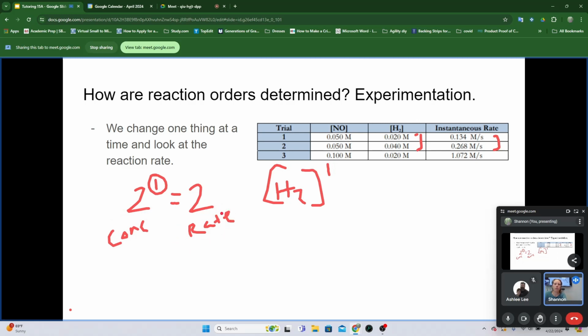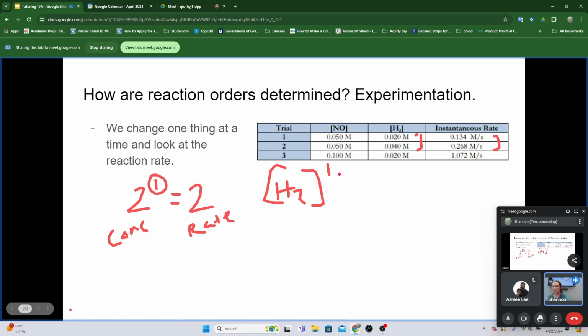And so what I'm figuring out is what exponent goes here, which is what the order is. It's the same exponent that will go here. So 2 to the what power equals 2? 1, right? 2 to the 1 power equals 2. Yes, I need to write that down.